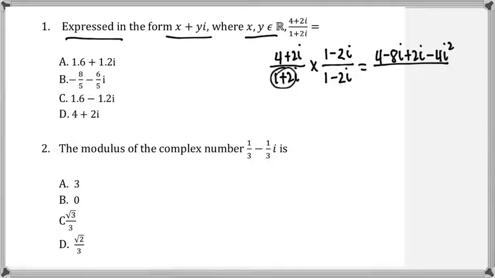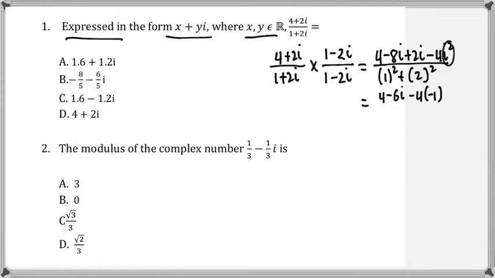And then the denominator, remember that little rule we looked at with a complex number multiplying by its conjugate. It's the real part squared, which is 1, plus the imaginary part squared, which is, we could use 2 in this case, or negative 2, it doesn't matter. And what we will get is, we could add the like terms, so we would get 4 minus 6i, and then this would be negative 4 by negative 1.